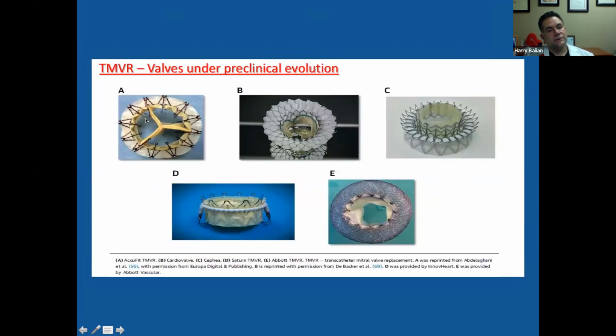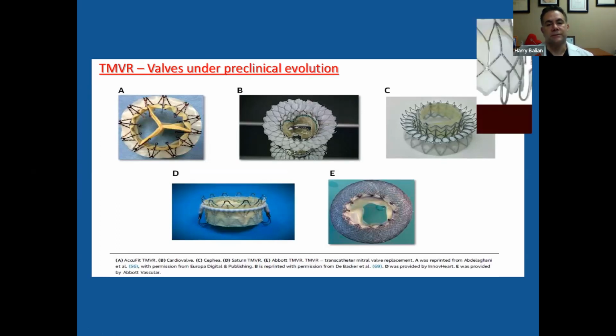So looking at the actual different kinds there, this is the AccuFit. The CardioValve is this one, and then Cephea, Saturn. All of those are the ones that are potentially available for mitral valve replacement, but most commonly used are the CardioValve with the Edwards.